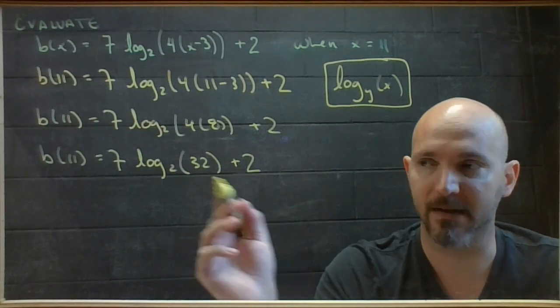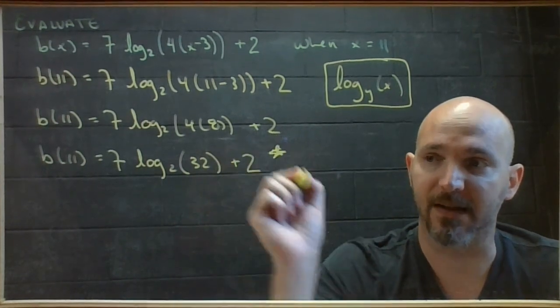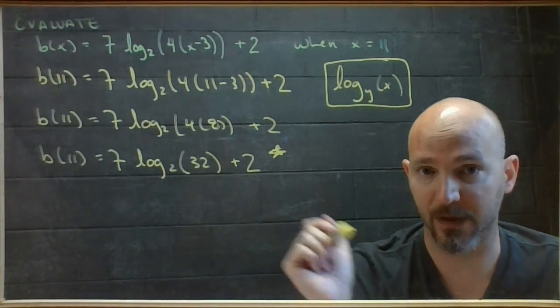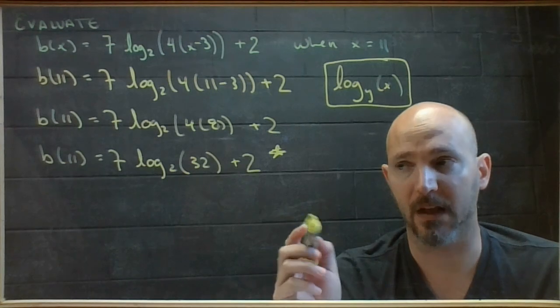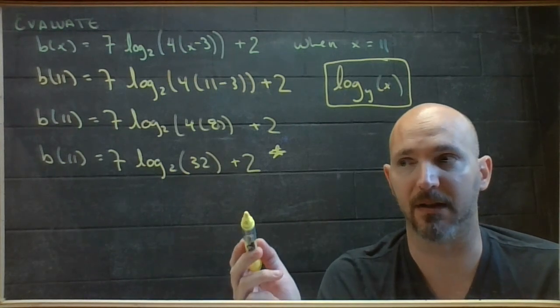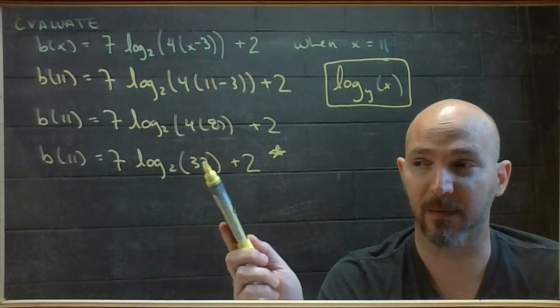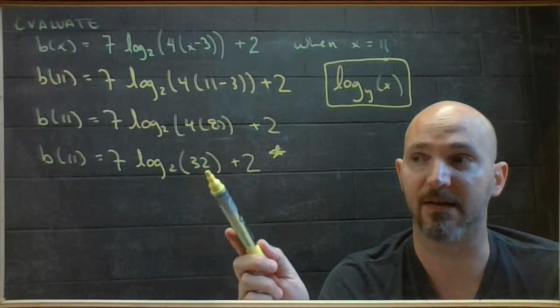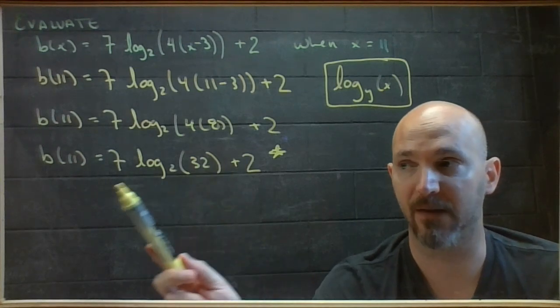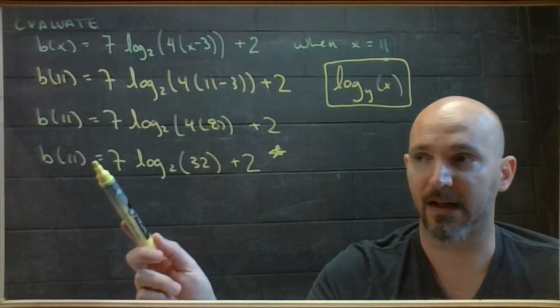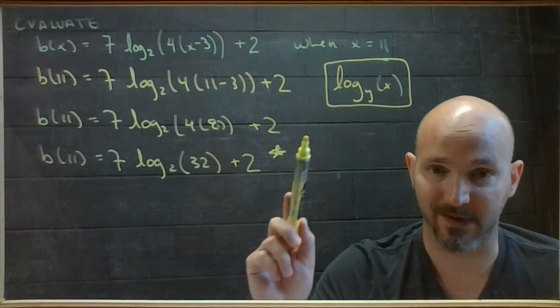At this point, we're going to have to stop here unless you know the value of log base 2 of 32. Like I said earlier when we were talking about the other logarithms, this function is talked about a lot in the grade 12 course. So for now, if you're trying to evaluate it, you can just get to here and you can just stop.